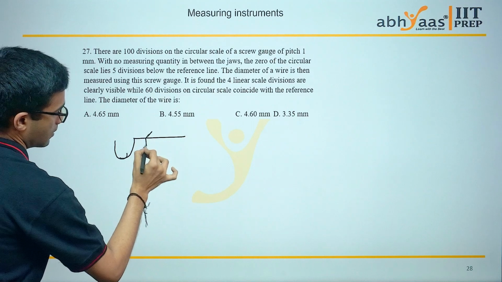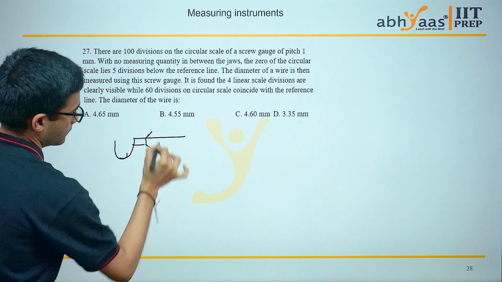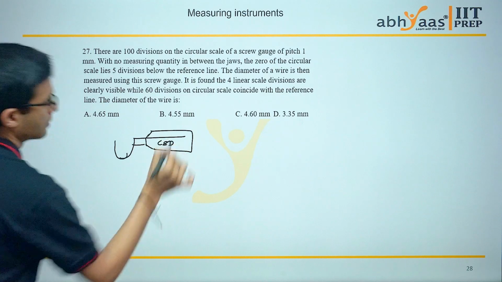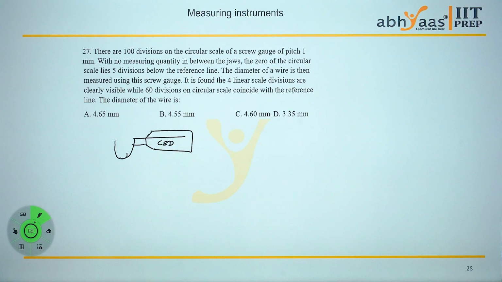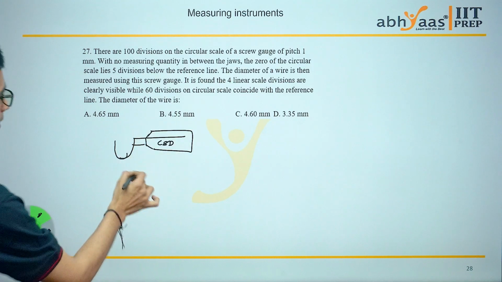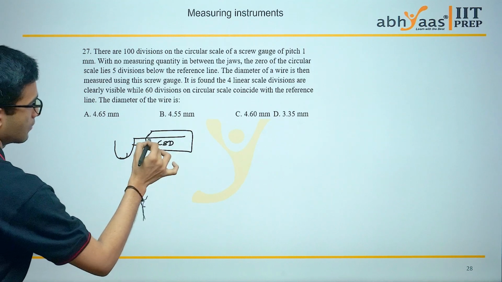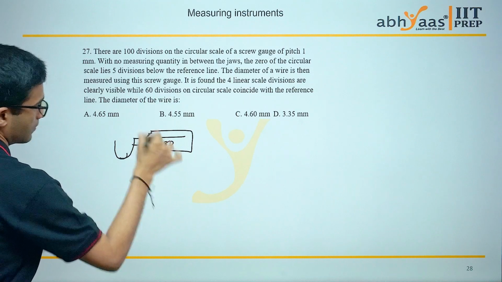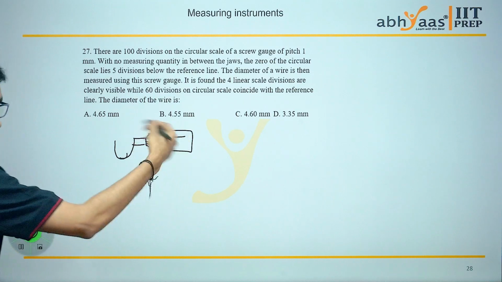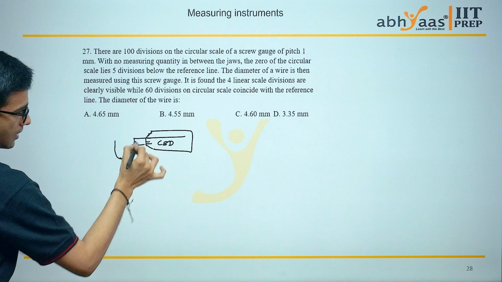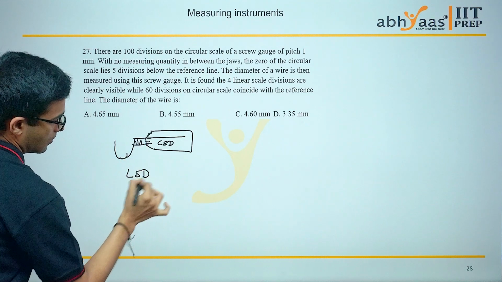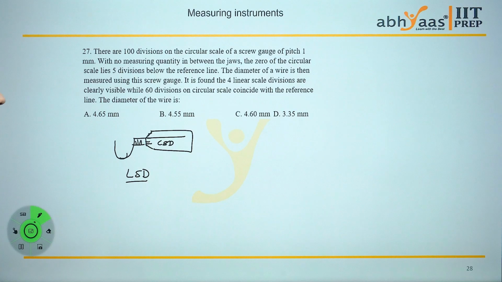Like this it will be there, the circular scale, called CSD. Another thing is the linear scale. Here the linear scale will be there, and here the circular scale readings will be there like this. The circular scale will rotate. This is the main scale, so readings are there, that is also called the linear scale. This is the circular scale.